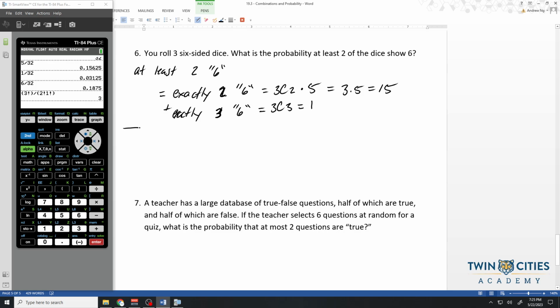Now I want to divide this because a probability is two parts, the number of ways to satisfy the event, we found that, 16 in total, over the total number of possible rolls for 3 six-sided dice. This will be the total number of possibilities.